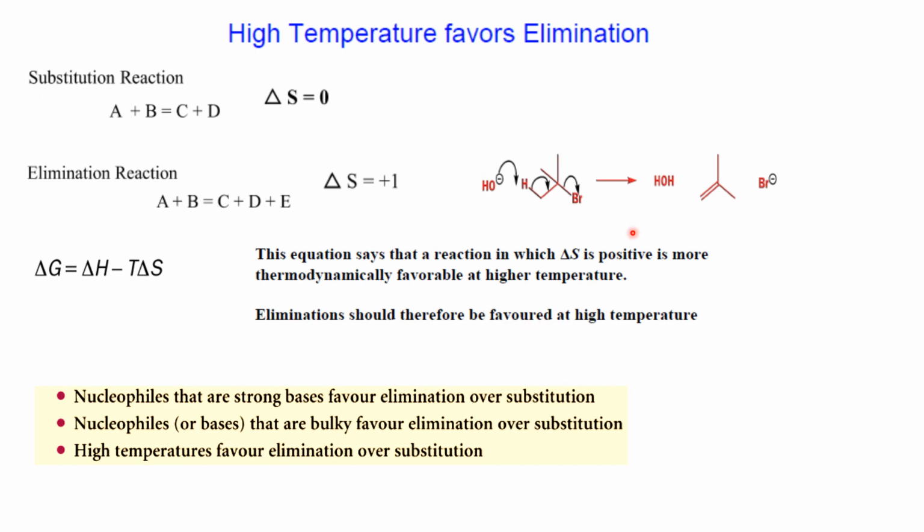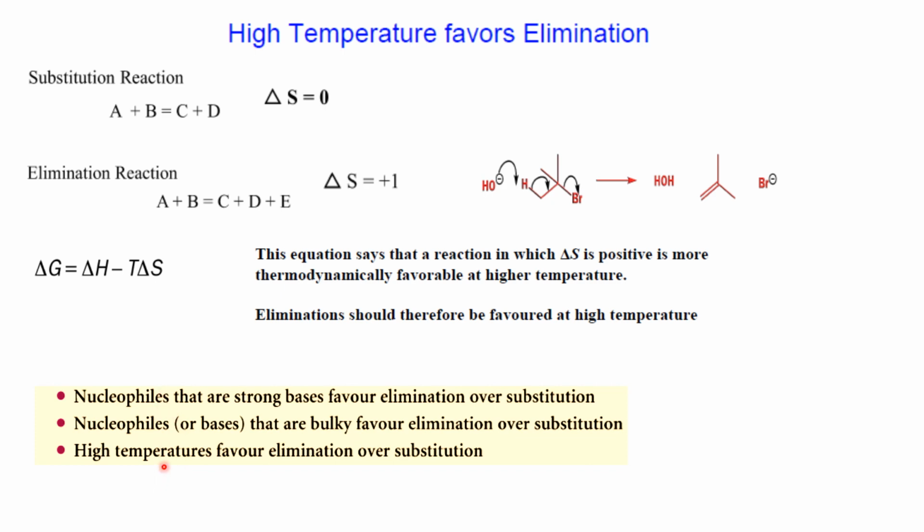So on the whole, to summarize, there are basically 3 factors which favor elimination. First one is nucleophiles that are strong bases. Second one is nucleophiles that are bulky. Third one is high temperature. When you have these conditions and a substrate which can undergo both substitution and elimination, elimination will be favored over substitution when the conditions are like the ones shown in the slide.